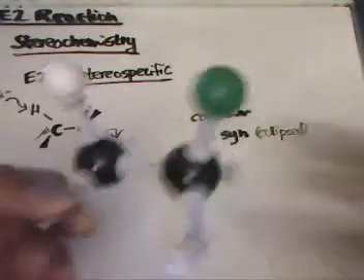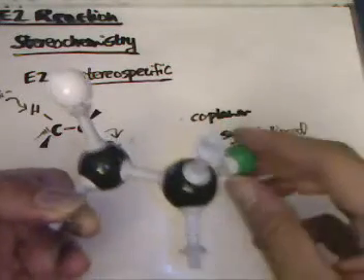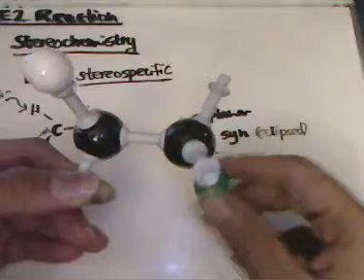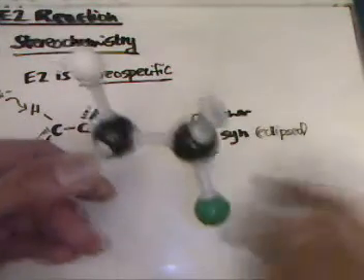And if we rotate this, turn this around the carbon-carbon bond, that's another possibility for these two atoms to be in the same plane with each other.